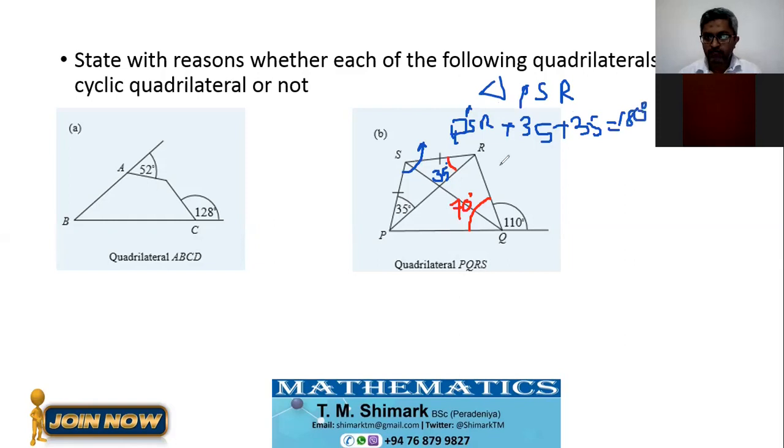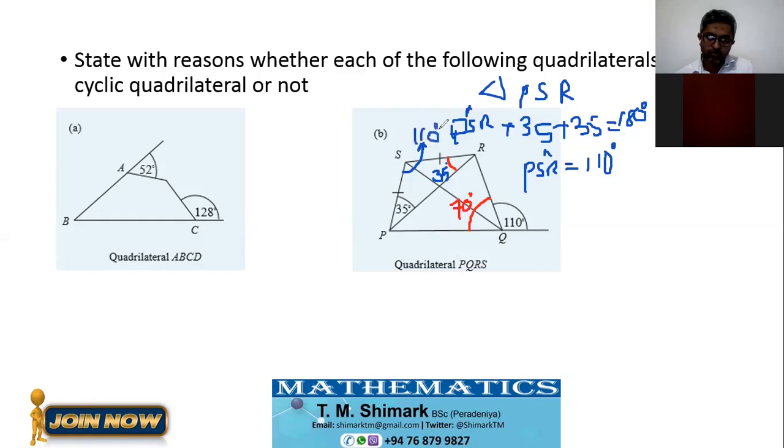So 35 plus 35 is 70, and that 70 goes to the other side. So angle PSR is 180 minus 70, which is 110, right? So this is going to be 110 clearly.